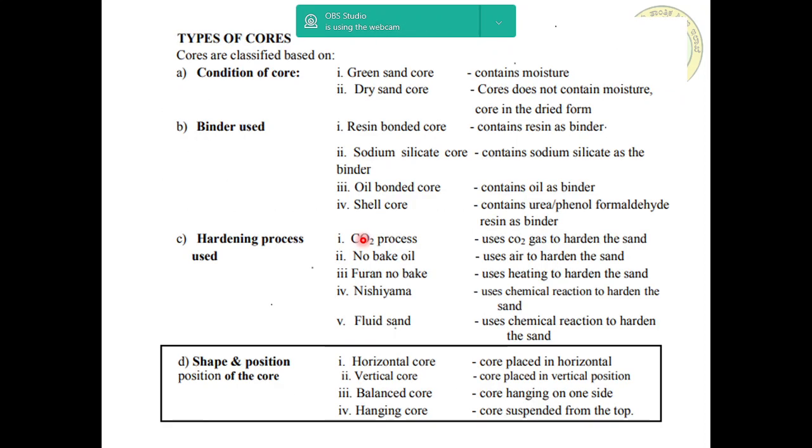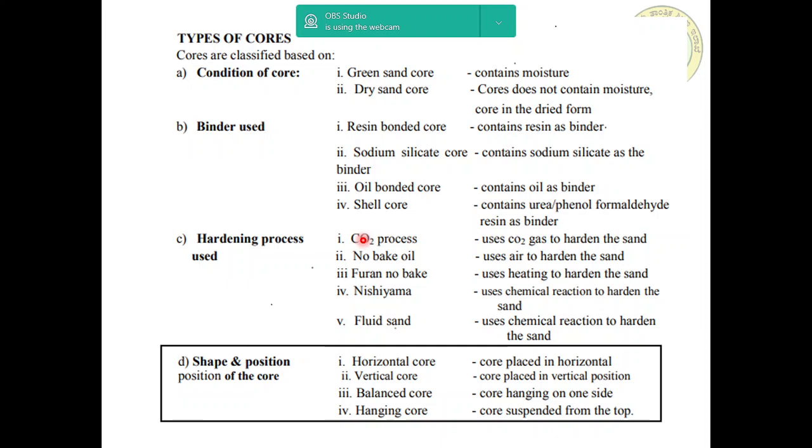Next, these are the types of cores, or classification of cores. Cores are mainly classified based on the condition of the core, the binders used, the hardening process, and the shape and position of the core. Condition of the core is classified into green sand core and dry sand core.